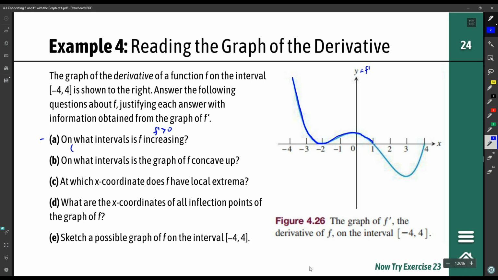We're positive from negative 4 to negative 2, where the derivative hits 0, and then from negative 2 to 1. So it would be appropriate for us to say this function is increasing on the entire closed interval from negative 4 to 1. So I'm going to write that as my answer, negative 4 to 1.